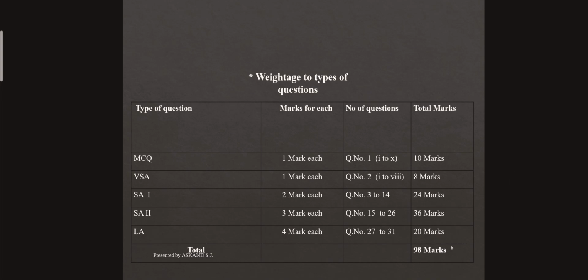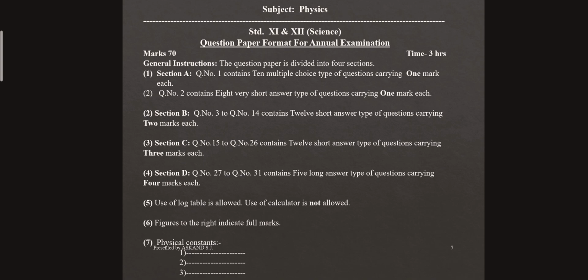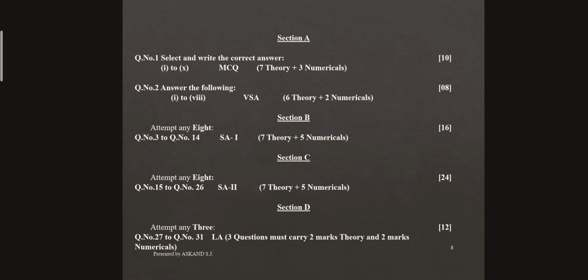This slide is the same as your third slide, so there is no need to explain it again. Now this is going to be an important slide: how theory and numericals are divided in each section.